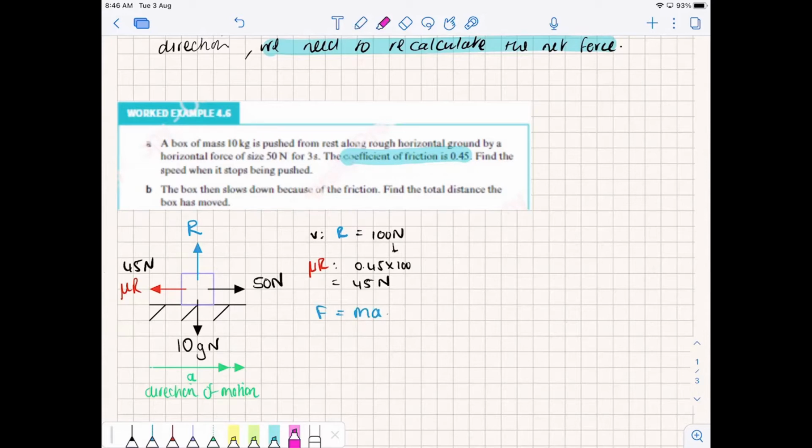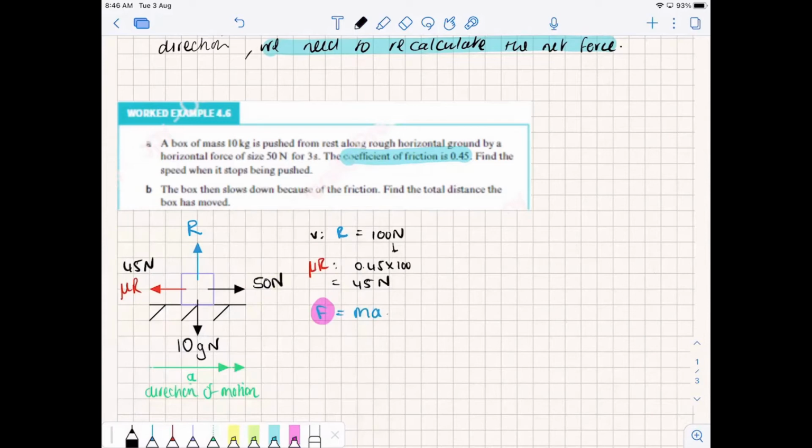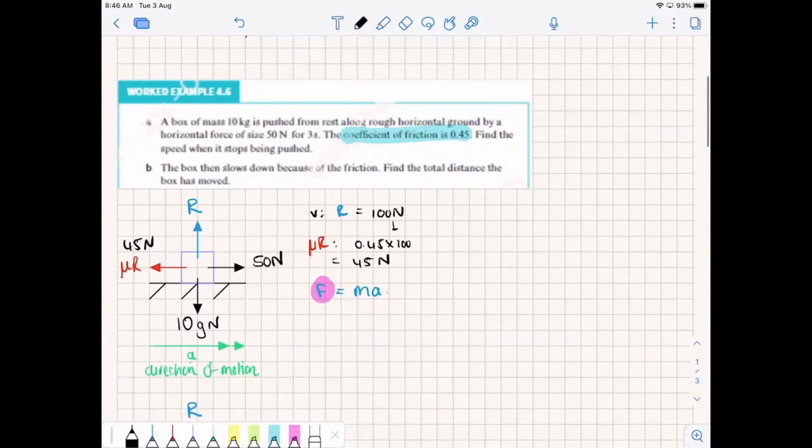This is my net force, in the direction of motion, and this happens to be the 50 and the 45 newtons. 50 is going in the direction of motion, so it's positive, and I'm going to add the force going in the opposite direction, so I'm going to add minus 45. Remember, direction is important. If it changes direction, it's negative.